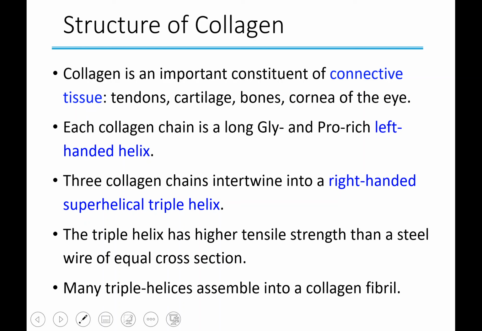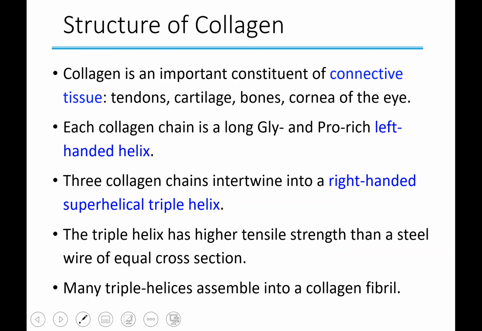So you have left-handed helices that are wrapping together and twisting right-handedly. This is a very complicated structure. The triple helix is very strong, higher tensile strength than steel of an equal cross-section.